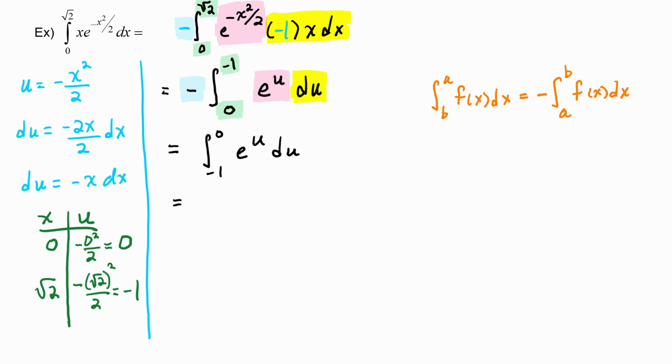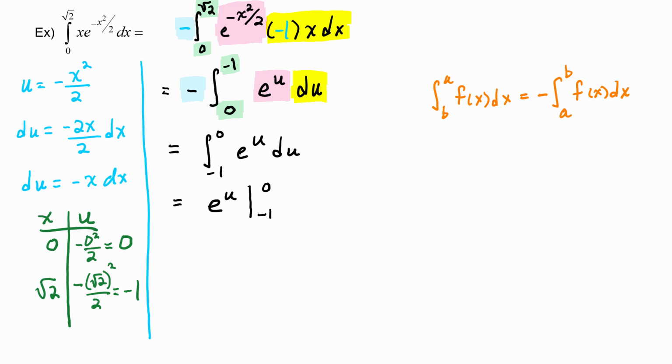So now we know the integral of e to the u du is going to be e to the u, but this time we don't have a plus c because it's a definite integral that we are evaluating from -1 to 0. And just a quick reminder that since this is a definite integral, we definitely never go back to our x.